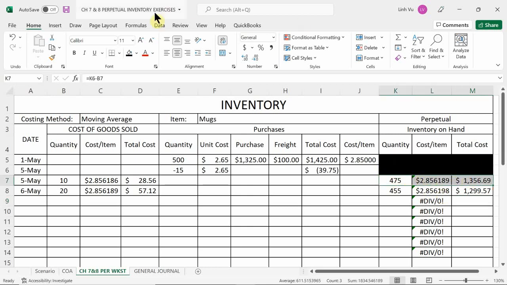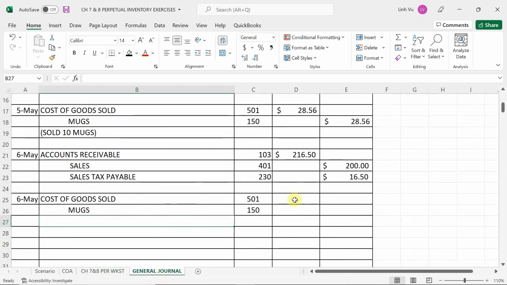Okay, very small change. So that means now that I sold my inventory, as of May 6th, I have a total of 455 units left. Okay. So once again, I finally solved for my cost of goods sold, which is $57.12.